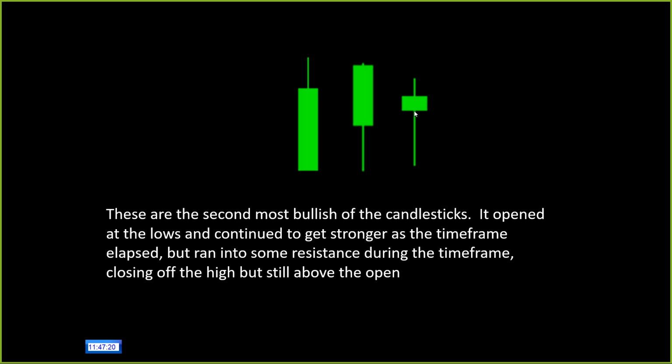I don't consider this an indecision candle, so to speak, because at one point it was solid red all the way down, and then eventually it got bought back up. We turned green, and we closed near the highs. But these are going to be the second most bullish.